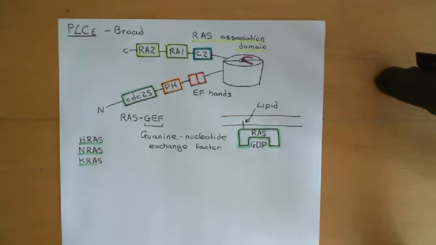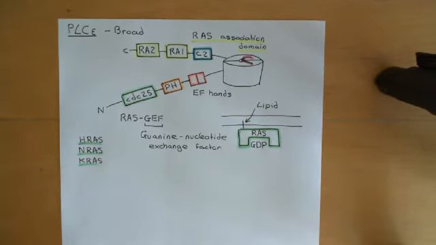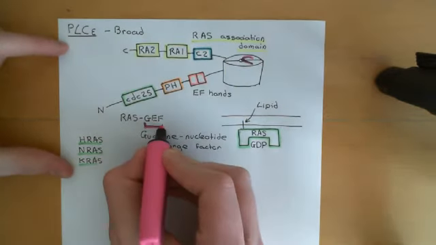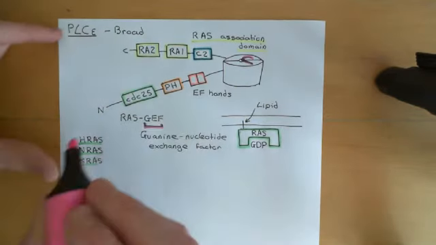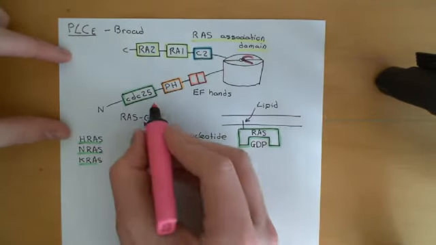Now, normally RAS monomeric G proteins are in the off state, but they can be activated to be put into the on state by RAS-GEFs. So things with CDC25 domains in them. So phospholipase C epsilon is a RAS-GEF.